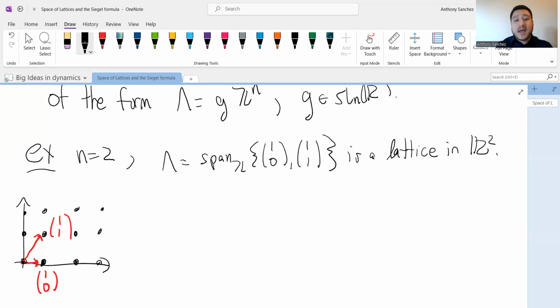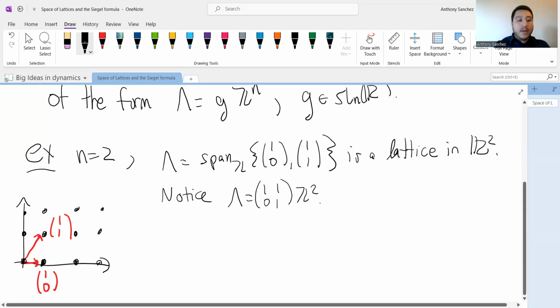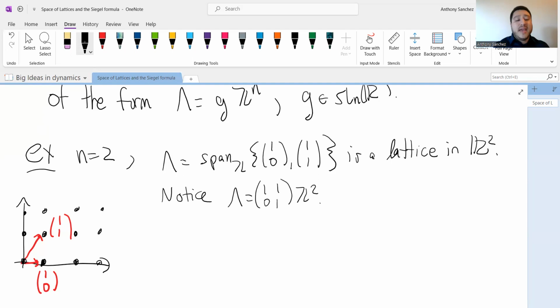But it doesn't exactly align with the definition that we gave above. I can see that this is a lattice with that definition by noticing that lambda can equivalently be written as the matrix (1, 1; 0, 1) times Z2. But if I look at this picture here on the left, this is exactly the integer points of the plane, right?